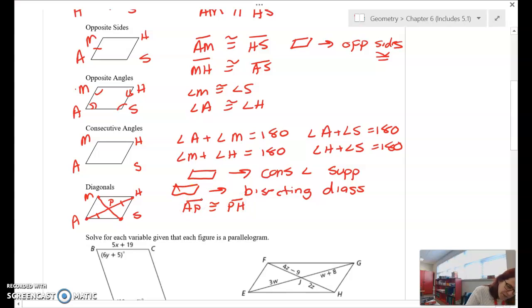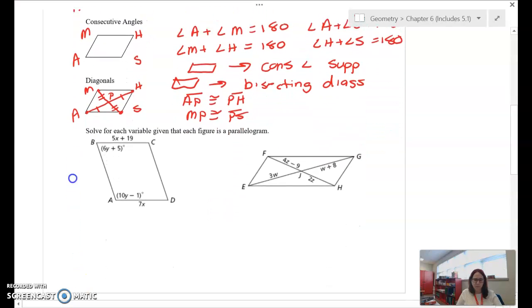I can also say that MP is congruent to PS. And those are the properties of parallelograms that we're going to use to solve problems.